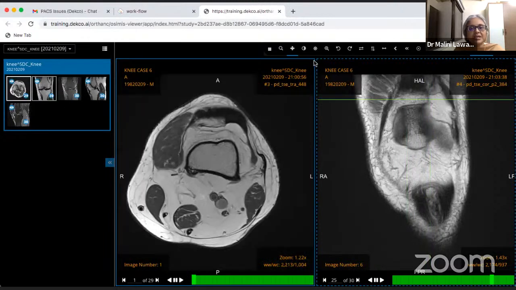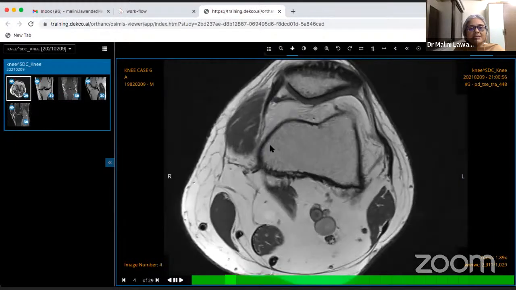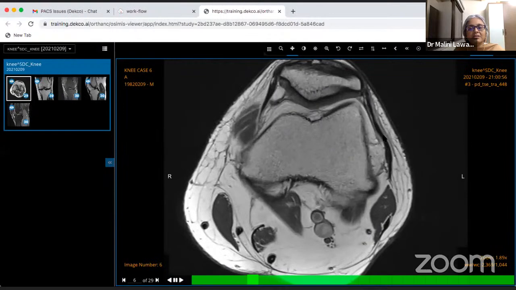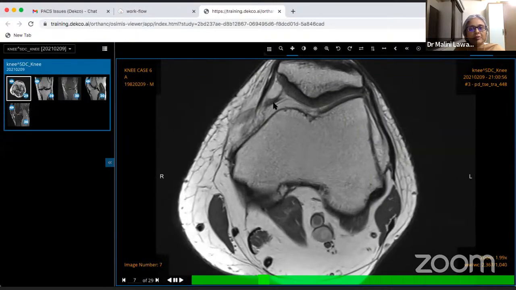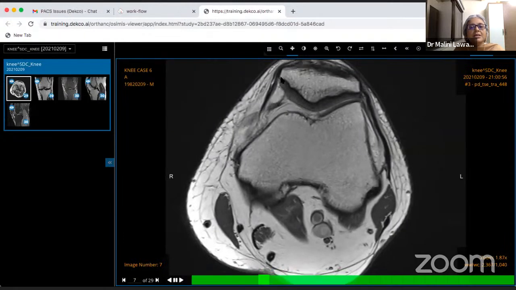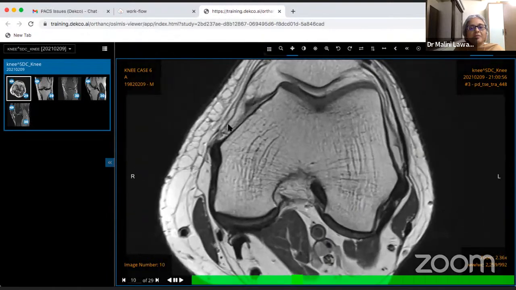MPFL in this patient, yes, is attenuated, but there is no tear. If we look at it here, this is the vastus medialis. As I come inferiorly, this is the lateral patellofemoral retinaculum. This is the medial patellofemoral ligament or retinaculum. This is the patellar attachment, this is the mid substance, and this is the femoral attachment.